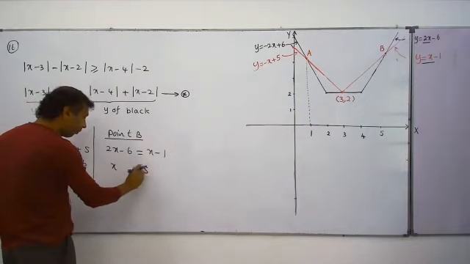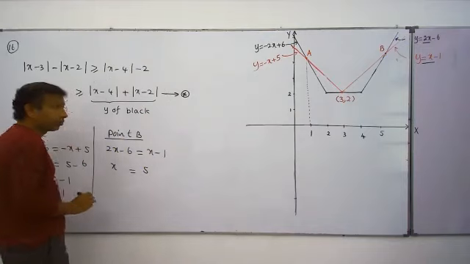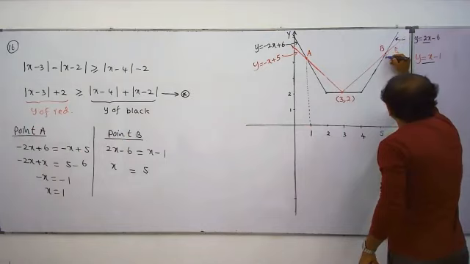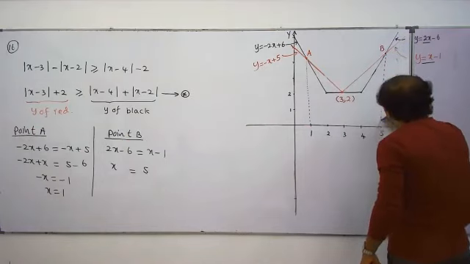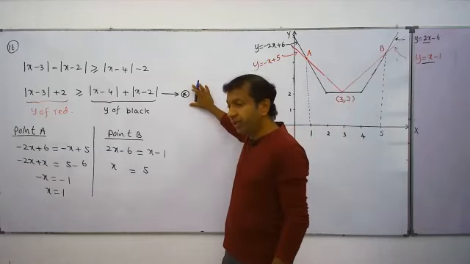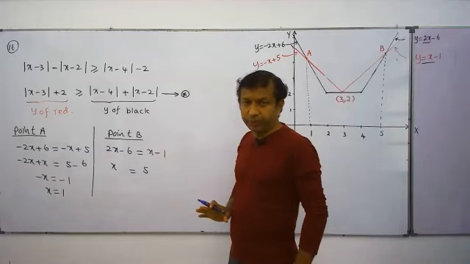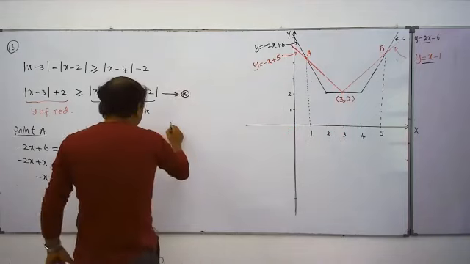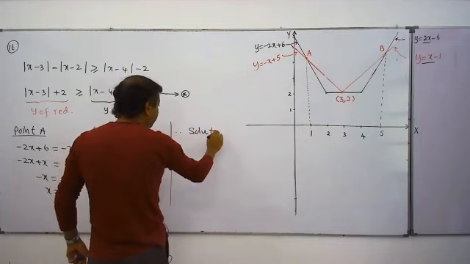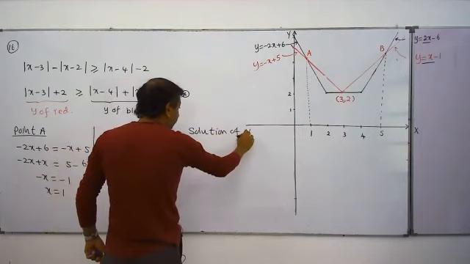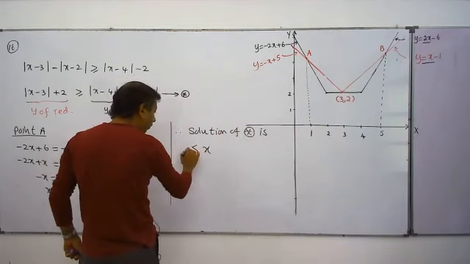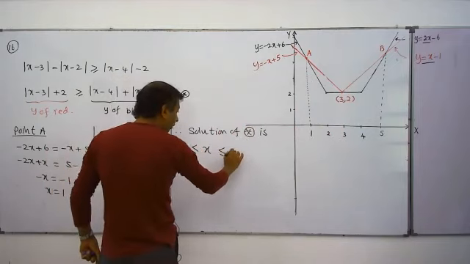X is 5. It is this. Therefore, this takes place, people, between 1 and 5, including both. Right. So therefore, you can write, therefore, the solution of star is x greater than or equal to 1, less than or equal to 5.